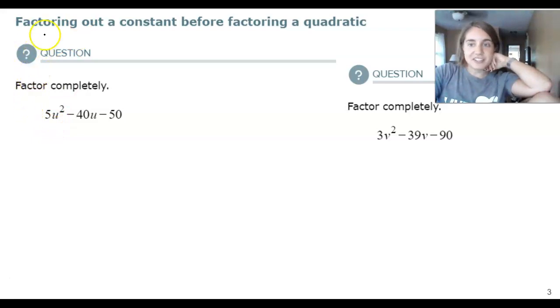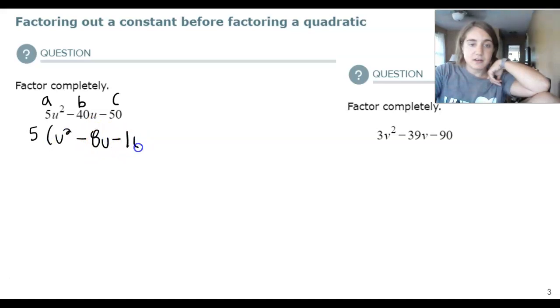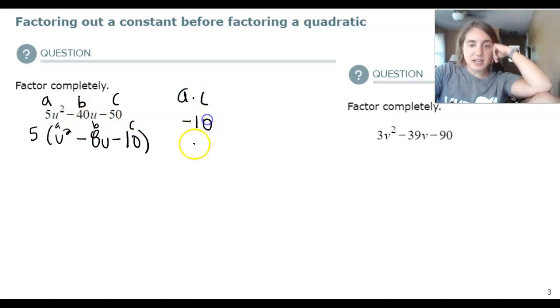Okay, so these are examples where my A is not 1. So let's go ahead and do another A, B, and C. First things first, I can factor out a greatest common factor. So I can factor out a 5. And then I have a different A, B, and C. So A times C is negative 10.